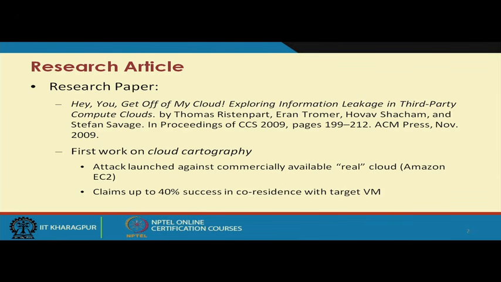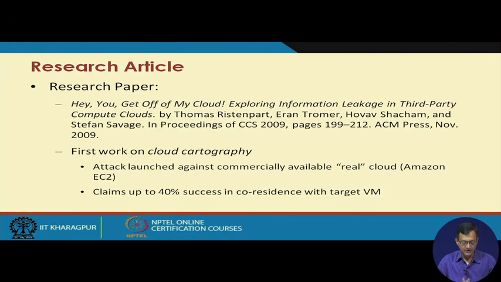So, the experiment done in this particular work is a so called, quote unquote, attack launched against a commercially available real cloud, typically Amazon EC2, and they claim 40% success in co-residence with the target VM, right.